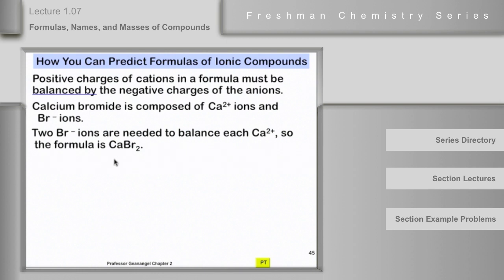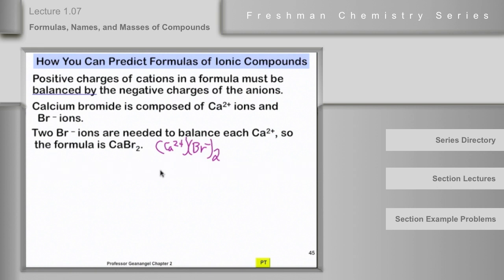Sometimes you'll see this written in a way that shows the charges, calcium 2+ in parentheses, and then Br- in parentheses with the 2 following. We use the 2 to show how many of these ions are present there. Okay, and we use the parentheses here just to allow us to put in the charges so you can see why there's 2 bromide to 1 calcium.